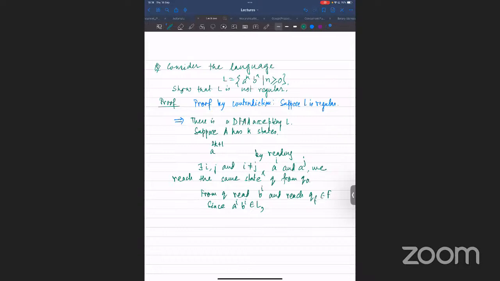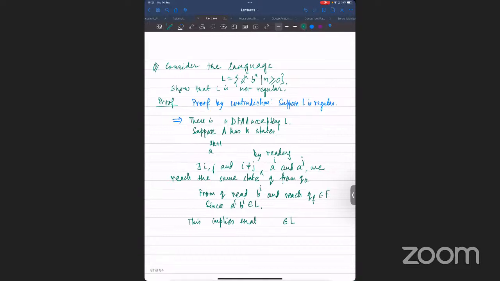But since this is the case, this implies that a^j b^i also belongs to L, right? Because, sorry, a^j b^i also belongs to L, okay, and that is a contradiction.